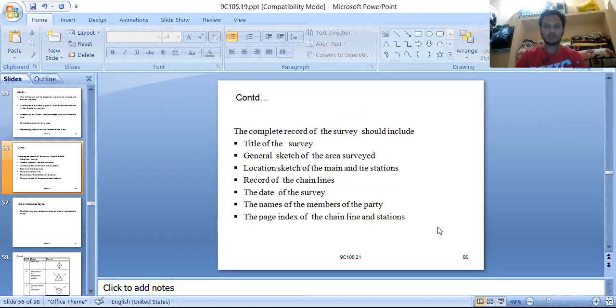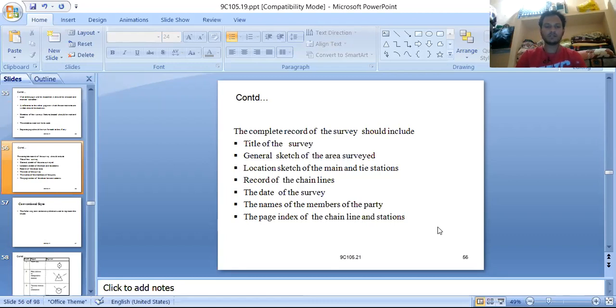The complete record of the survey should include the following points. These are the things which we have to remember while recording the field book. Initially, it has the title of the survey, which is written on the top of the field book, and a general sketch of the area which we have surveyed, and a location sketch of the main and tie stations.